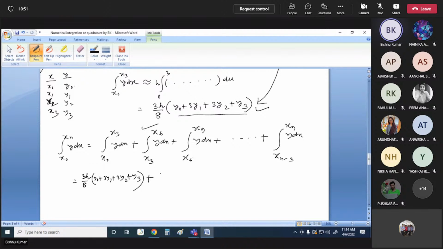By using this structure, outside 3h by 8, with the help of this 4x point, corresponding y value rearrange in this structure. So what will be that values? Tell me this structure of the value. By watching this structure, what will be this integration value?